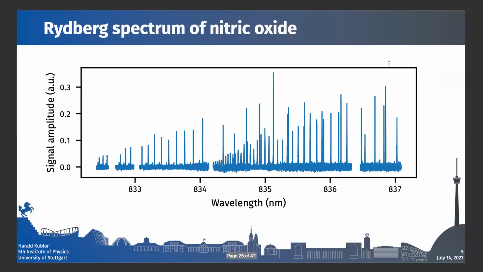If we do this in a rather broad scan of several nanometers, well, it's molecules, you see several lines, and you can maybe even identify two series of lines in here.